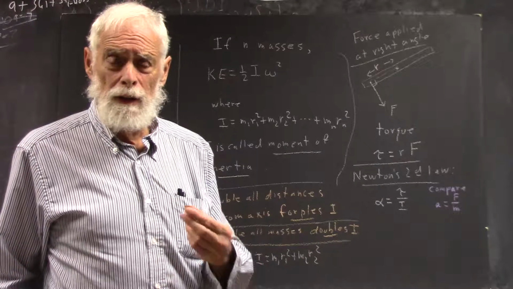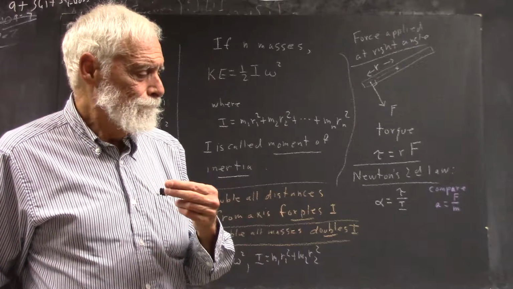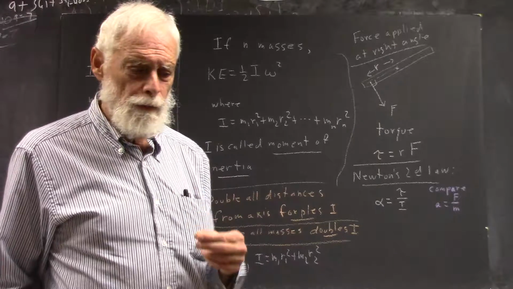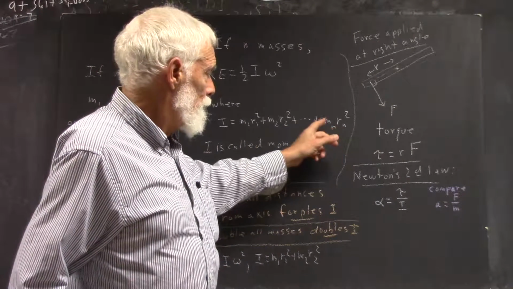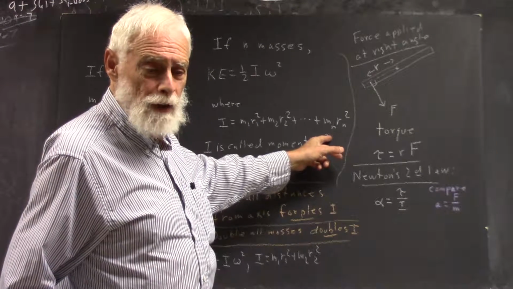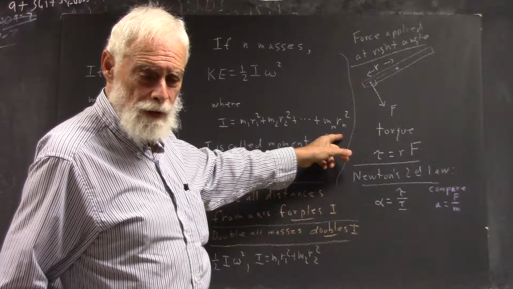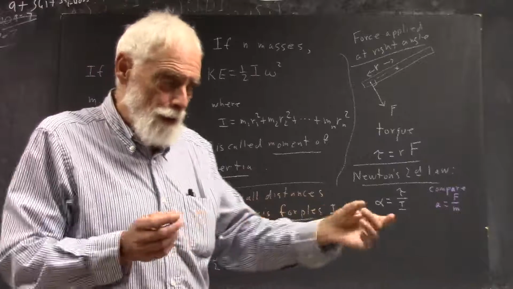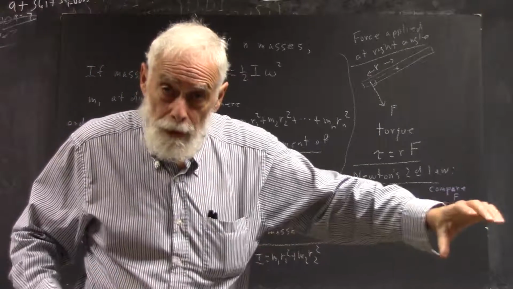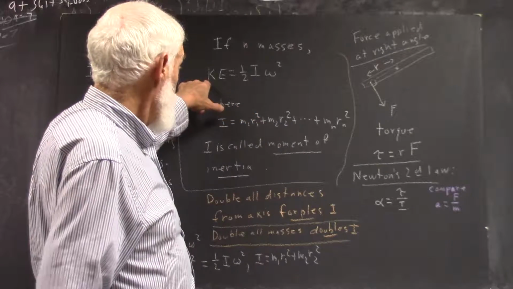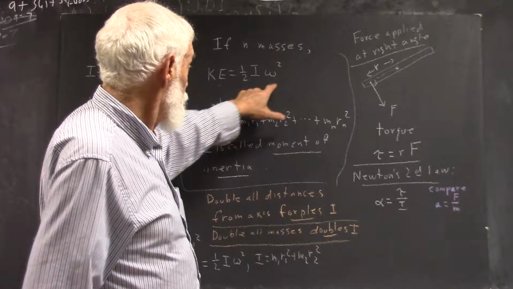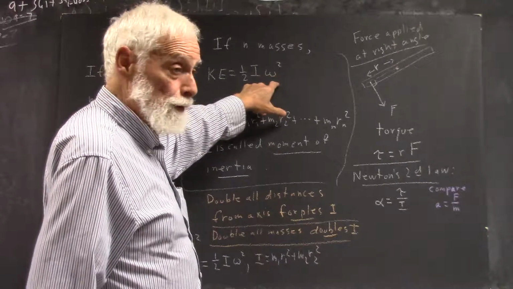The atoms aren't really mathematical particles, but they're awfully close, they're awfully small. So all we have to do is add this up, m sub 2 times 10 to the 24th, r sub 2 times 10 to the 24th squared, adding it up for every atom in that beam, and we would get the moment of inertia, and the kinetic energy at angular velocity omega would be 1/2 I omega squared.